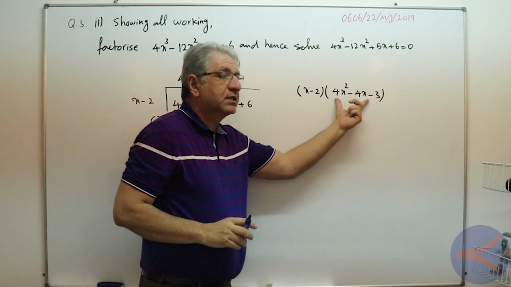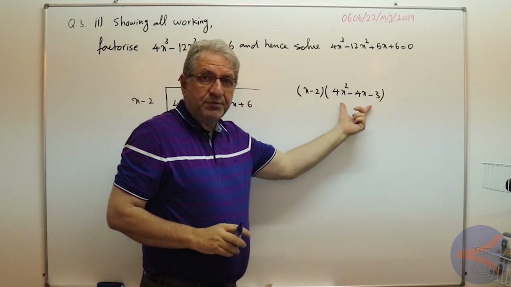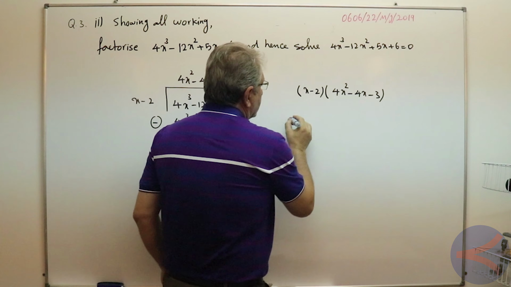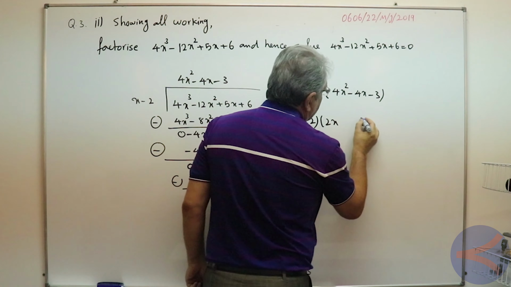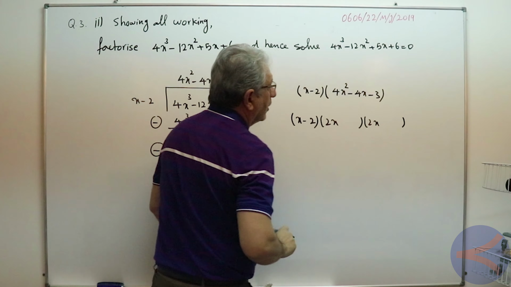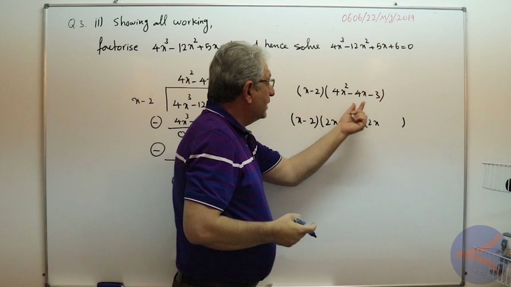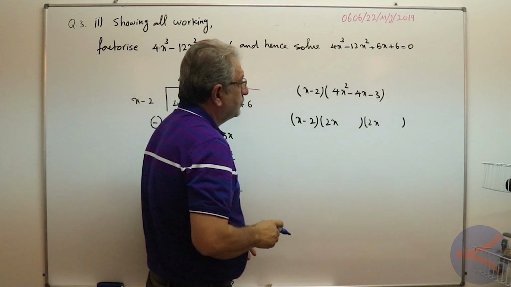Now what is this? This is a quadratic expression. Since it is a quadratic expression, you can factorize it using the factorization method which you have learned in IGCSE. Now this is negative 3. One of them should be negative, one of them should be positive.